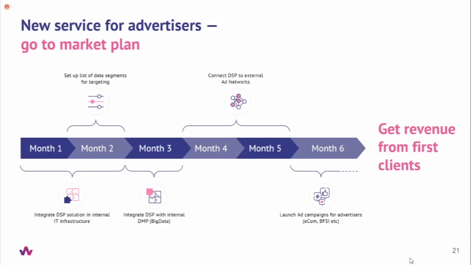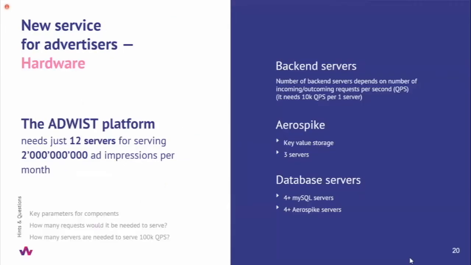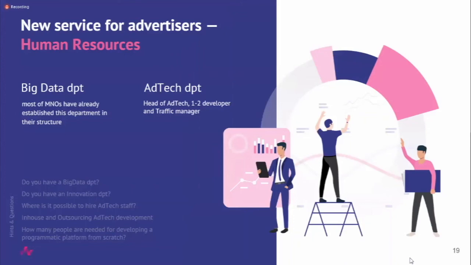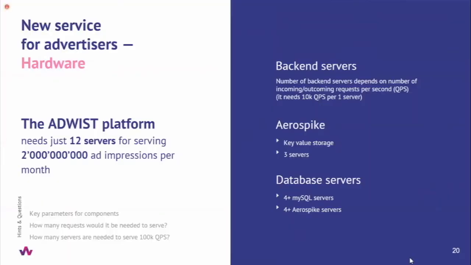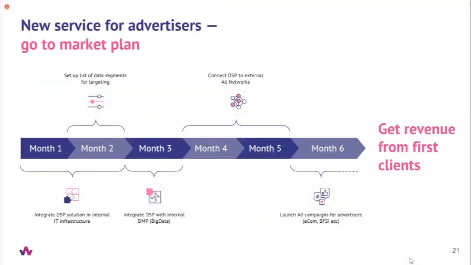It depends on this person, the head of the advertising technologies department. If he can negotiate effectively with all these external ad networks, if he knows who is responsible for doing this integration and for signing these contracts, then he can help make all this faster than 6 months. So that's quite important.